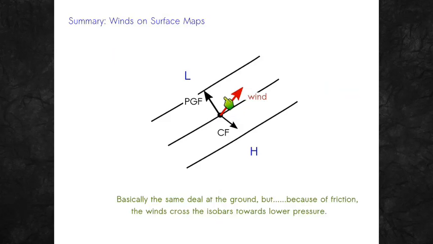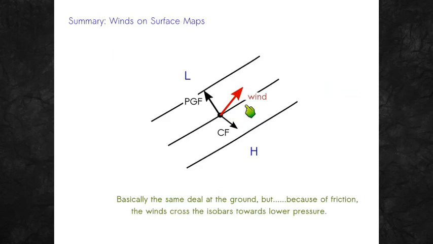And again, what's going on is that your pressure gradient doesn't change. That's just determined by the pressure contours. But because you have friction, the winds are a little bit slower. And if the winds are a little bit slower, the Coriolis force is a little bit weaker, which means things aren't in balance anymore.